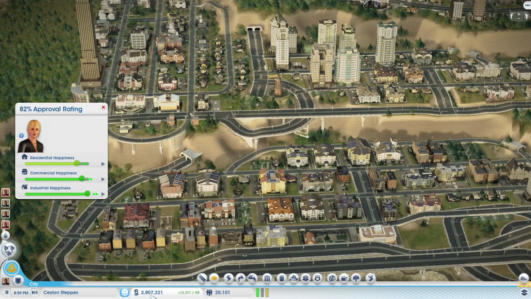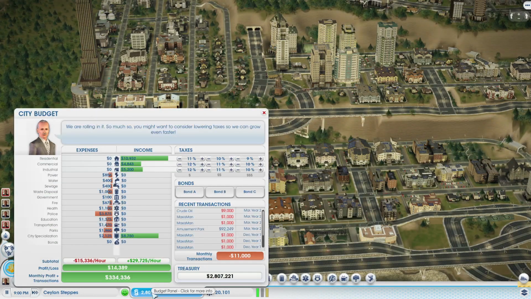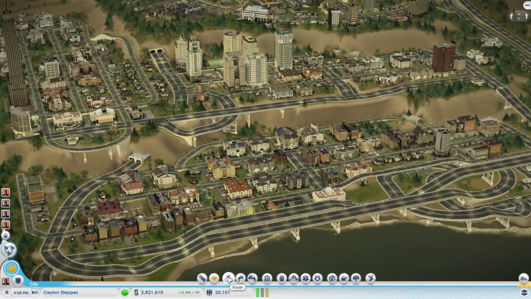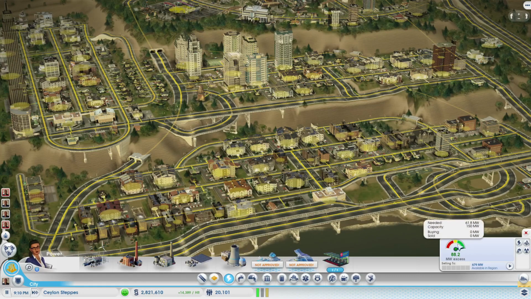82% approval. City's making money. We're still giving the residents a bit of a tax break. We're making really good hourly. Electricity, it's fine.